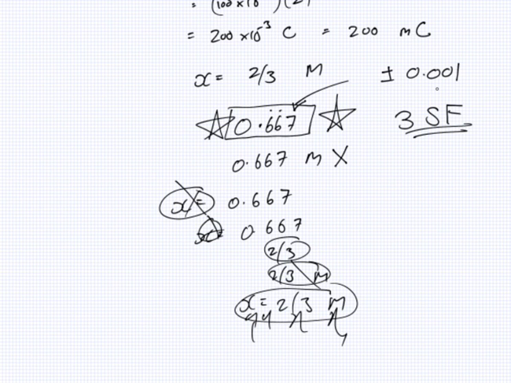If you get the last one wrong, that's okay because there'll be a plus or minus 0.01 allowed. So 3 significant figures. Being 1 off in the last significant figure is acceptable for this test.